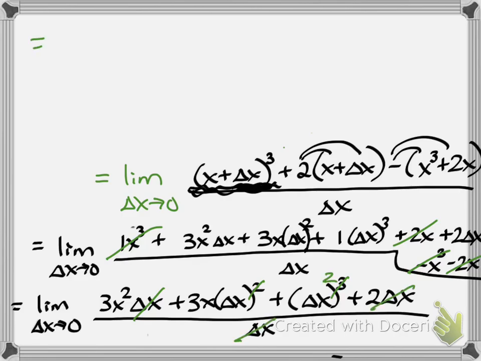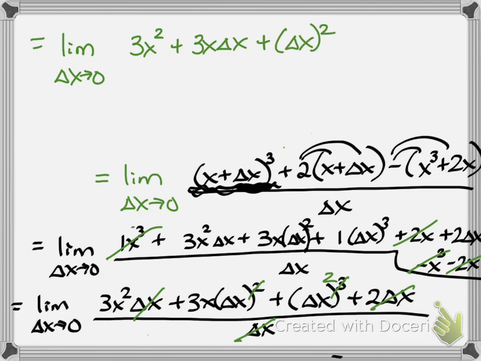So that leaves the limit as delta x approaches 0 of 3x squared plus 3x delta x plus delta x squared plus 2. And now we're able to take the limit.